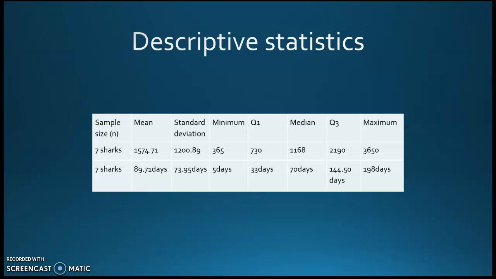So for that, I ended up transferring all of my data into days instead of months, because it gave a more accurate representation between the two types of sharks. And I only ended up with 7 sharks to keep the numbers matching.